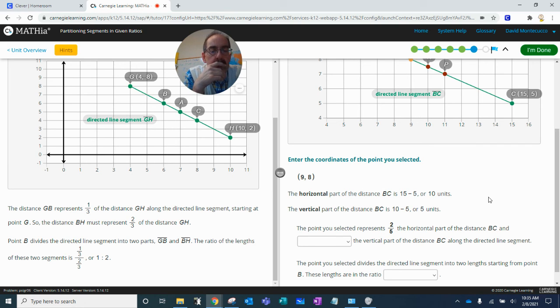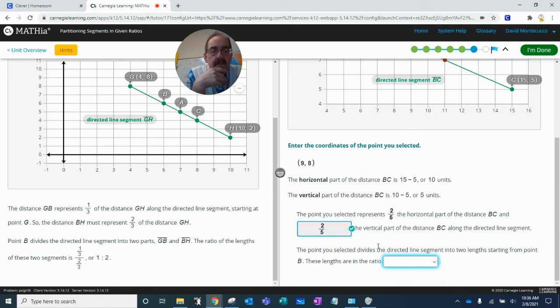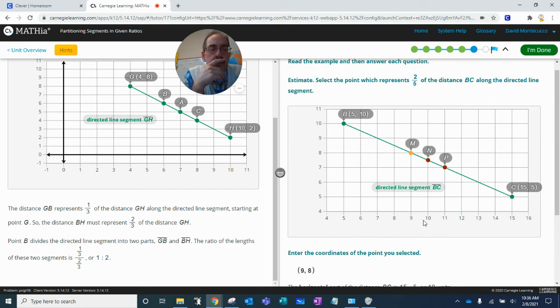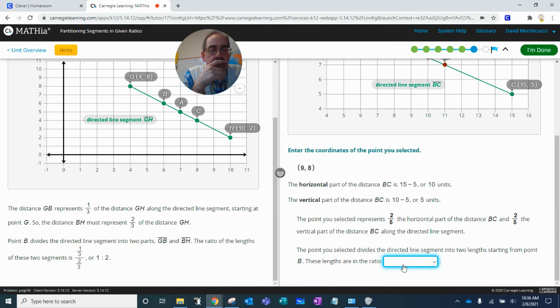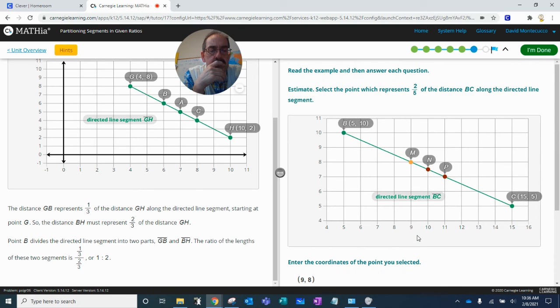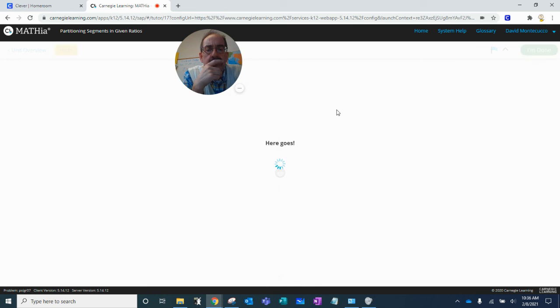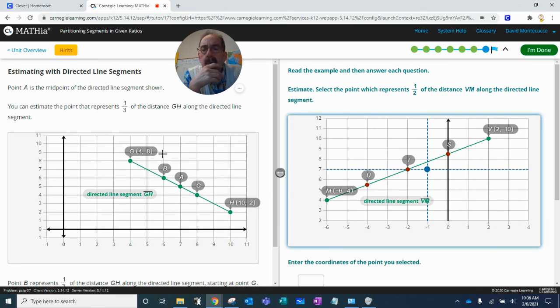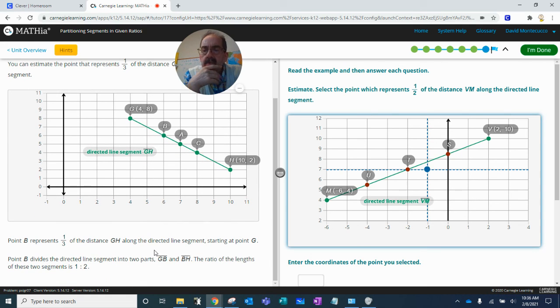And the vertical distance. If you selected and divided the directed line, the ratios are 2/5 to 3/5, 2/3. Okay, so 1/3, 1/3, so we're happy.